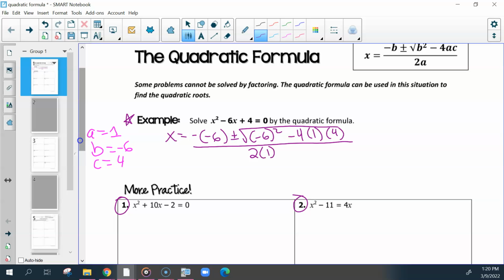So it's a lot at first because you have to put a lot of stuff in, but once you get the hang of it, it's not so bad.